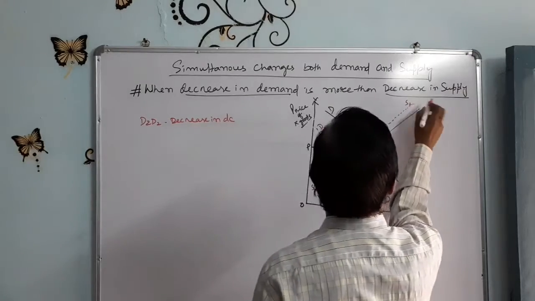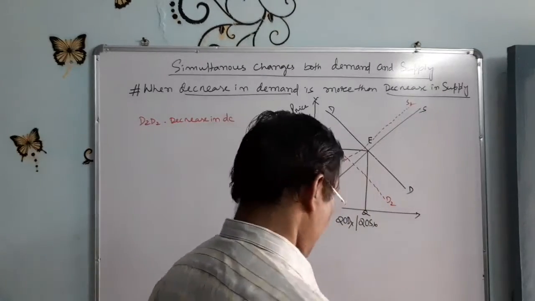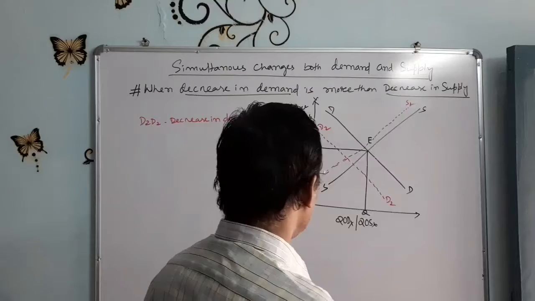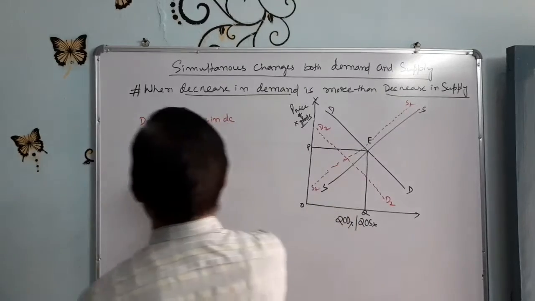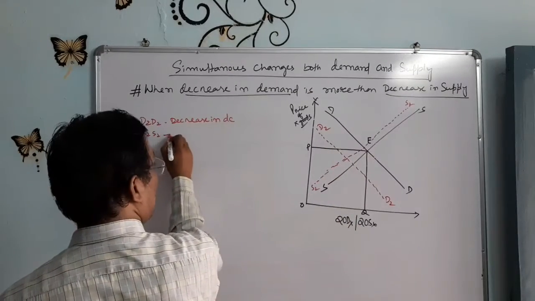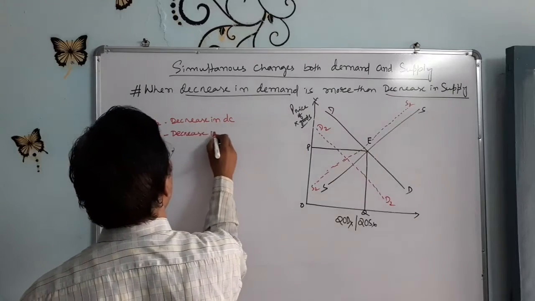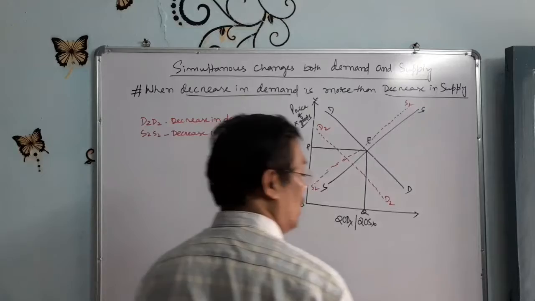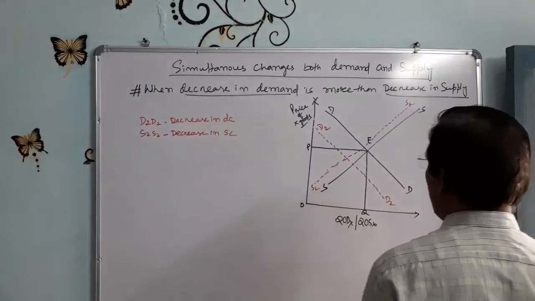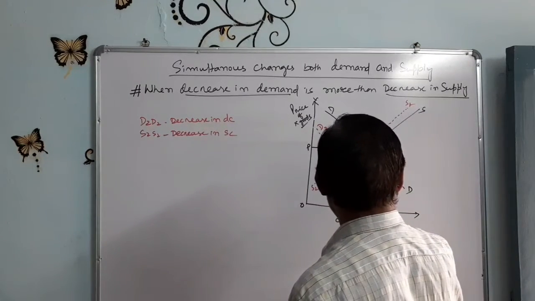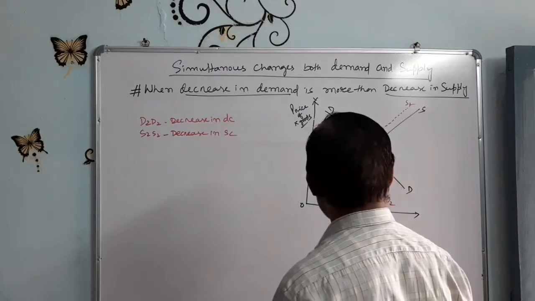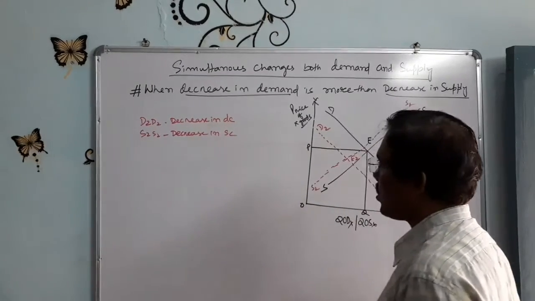S2 is the decrease in supply curve, and it intersects at E2.